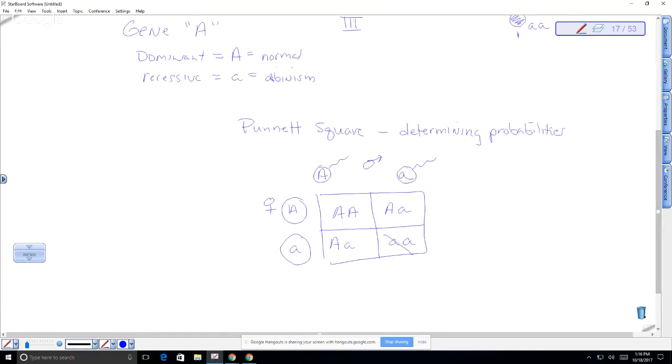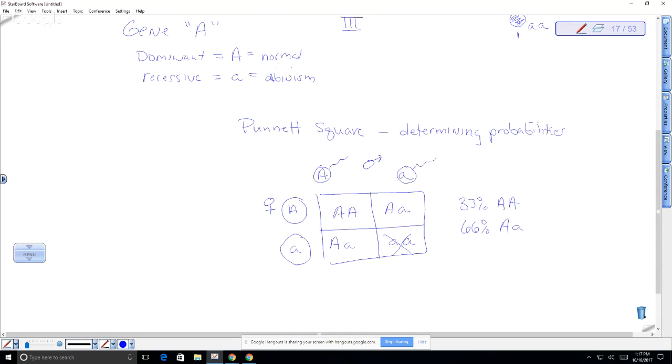So we know they don't have that. So it's 1 out of 3. So it would be like a 33% chance that it is big A, big A, right? And then like a 66% chance that it is big A, little a. So 33.33, 66.66, right? 1/3 to 2/3. Okay.